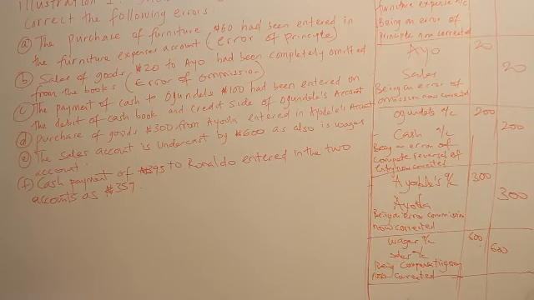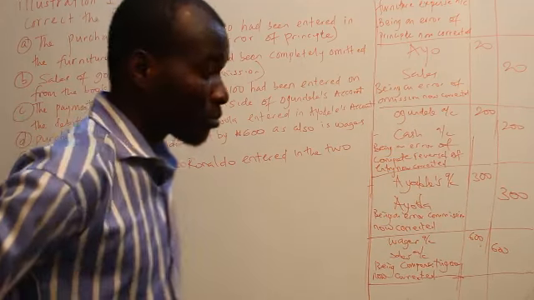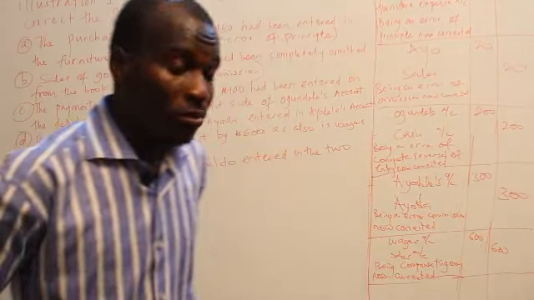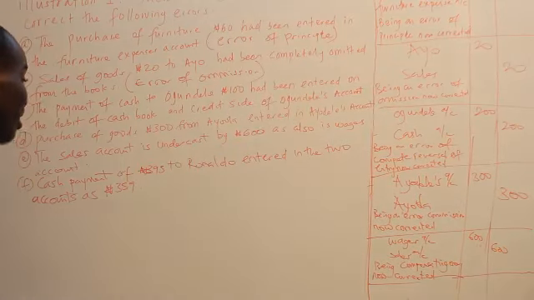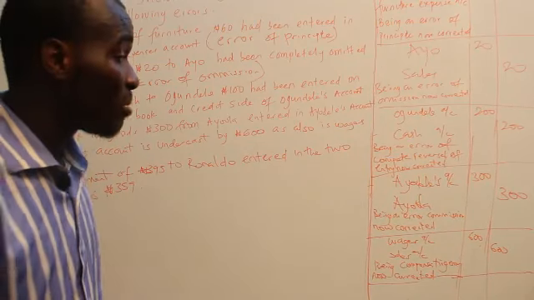When there's cash payment to Ronaldo, Ronaldo's account should have been debited with 395, and cash account should have been credited with 395. But what happened? Ronaldo's account was debited with the wrong amount, which is 359. Same thing applies to cash.